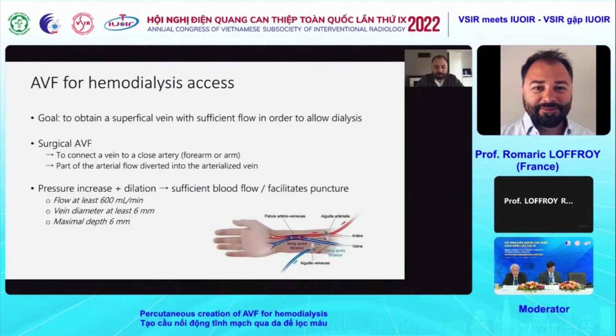And we need a flow of at least 600 milliliters per minute with a vein diameter of at least 6 millimeters and a maximal depth of 6 millimeters. Otherwise, it can be difficult to puncture, and we need ultrasound.